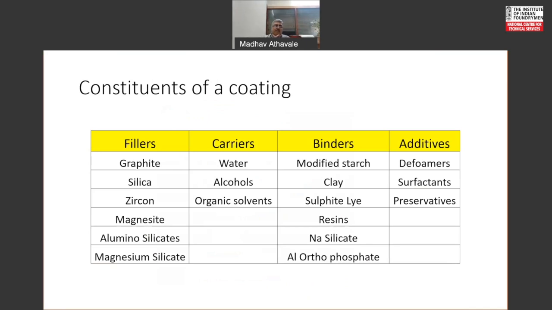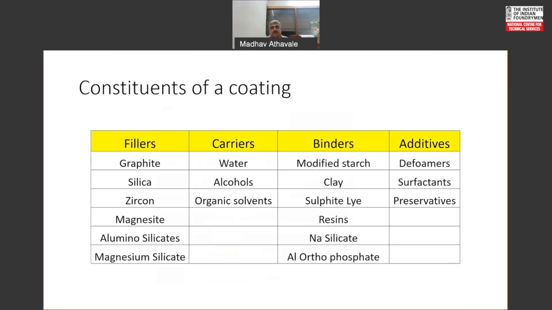Now, what type of fillers are commonly used? Can be graphite, it can be silica, it can be zircon, magnesite, various types of aluminosilicates, magnesium silicates, which is talc.